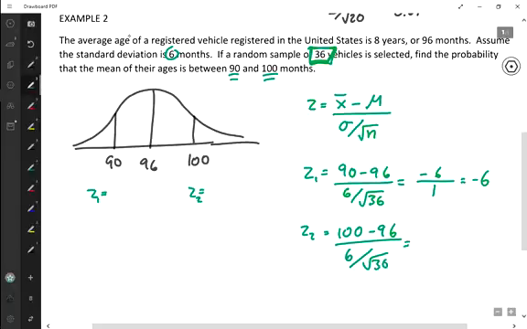So 100 minus 96 is 4, divided by 6 over the square root of 36. The square root of 36 is 6, so 6 over 6 is 1. So that becomes a z-score of 4.